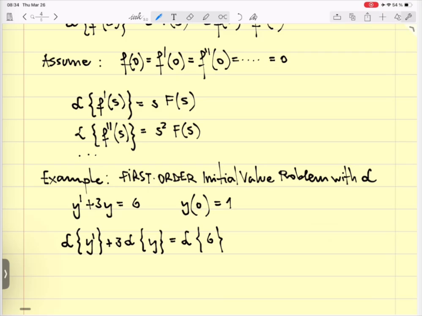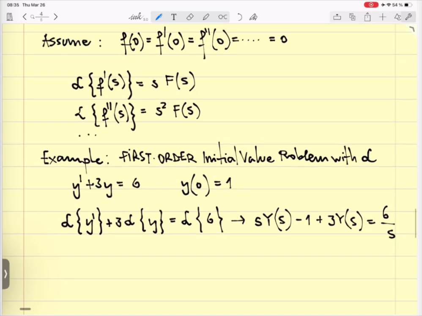This yields s times the Laplace transform minus 1 because of the initial condition, plus 3 times I equals 6 divided by s.